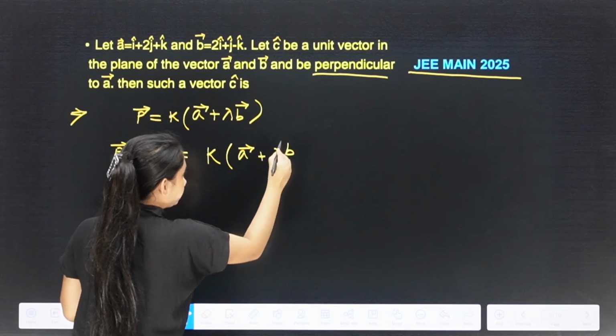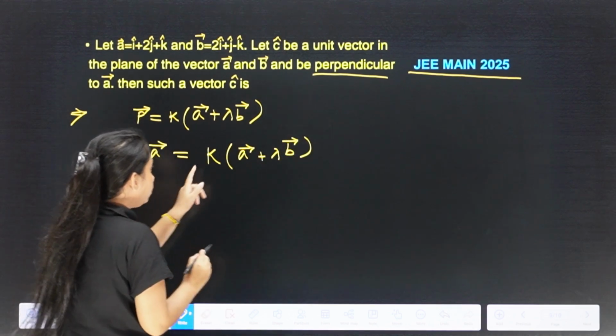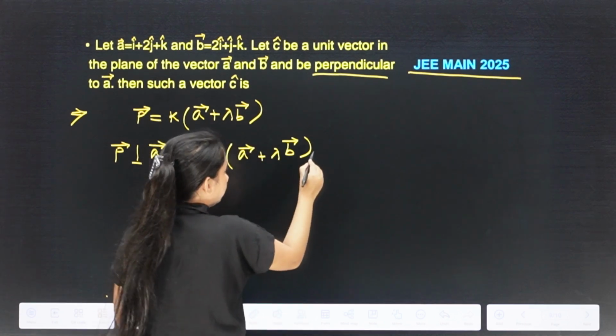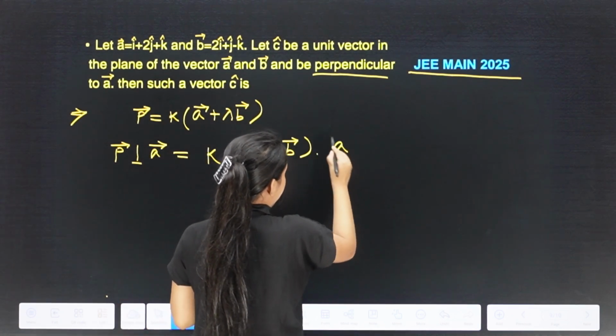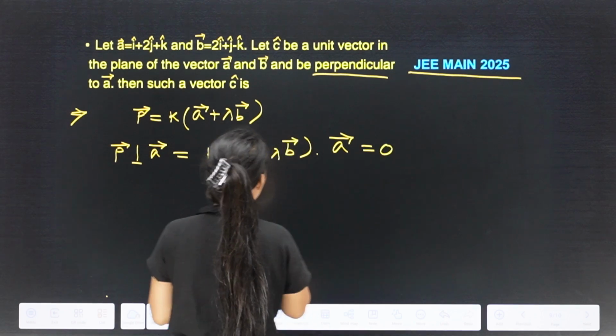That is, k a plus lambda b dot a is equal to 0.